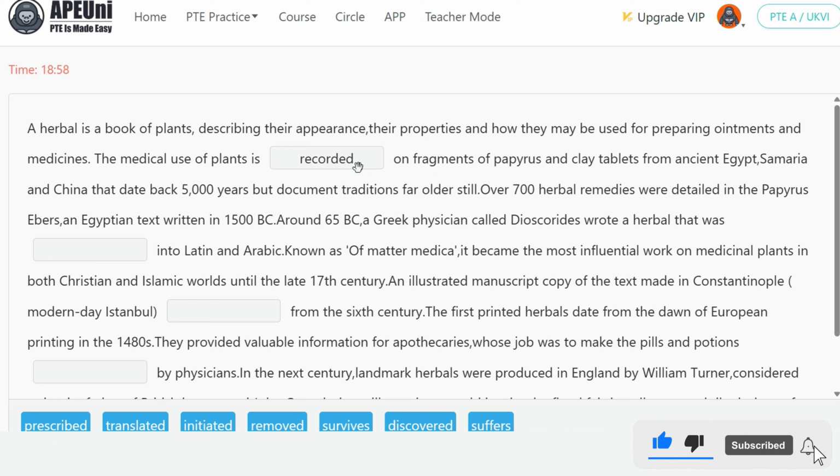Now let's understand with some examples. Ancient healing techniques were recorded in scrolls. Or we could say his findings were recorded in a scientific journal. Definitely the question comes to your mind: why are we not selecting prescribed, translated, initiated, right? Prescribed means recommended as treatment, but the sentence refers to documentation. Make sense?